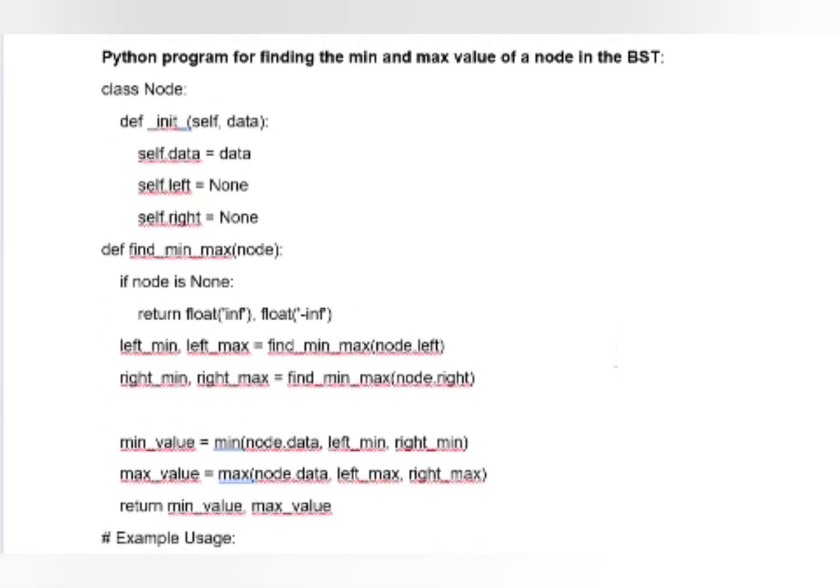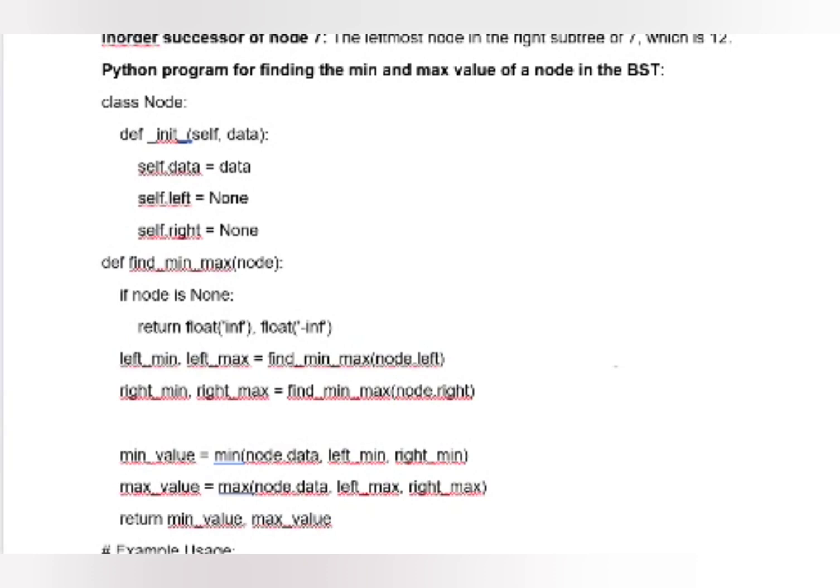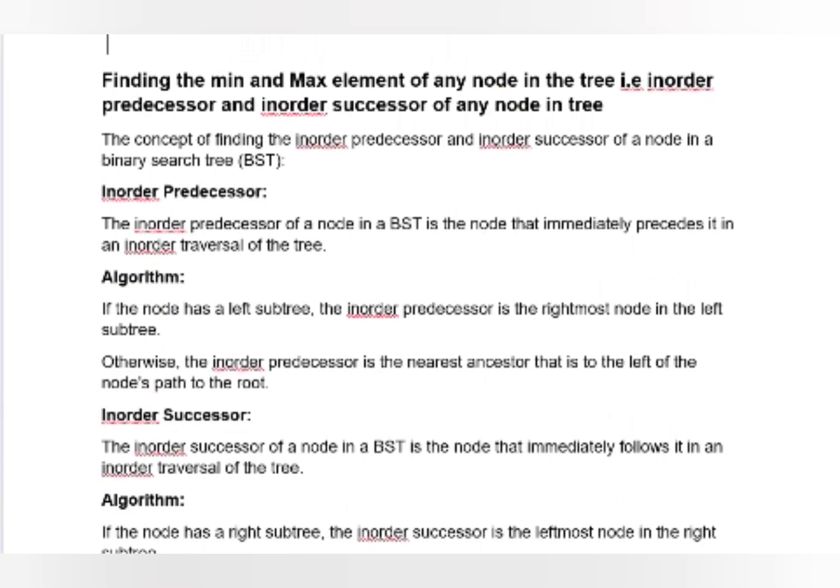Actually, let us write a program for finding the min and max value of a node in the BST. Let us consider a class Node, and we will initialize self.data to store the value, and we will take left and right children as None.